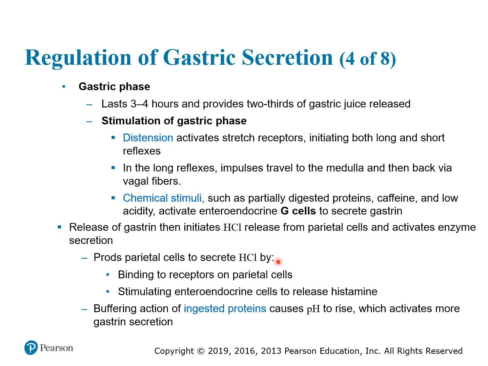Histamine also causes increased HCl secretion. And then the third stimulation is the ingested protein. The buffering action of the ingested protein causes the pH to rise, which activates more gastrin secretion. So increased pH is increasing gastrin secretion. Increased pH means it is going towards the alkaline.